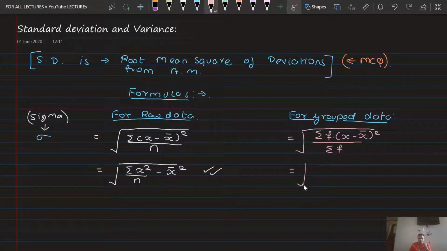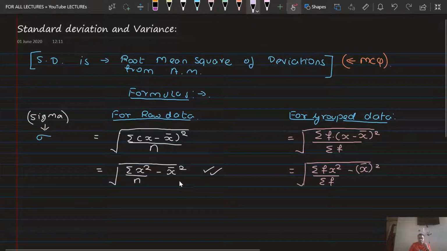Similarly, in the second formula, summation x square will be replaced by summation of fx square, and n will be replaced by summation of f, and here again it will be minus x bar square. How do we calculate the value of x bar?